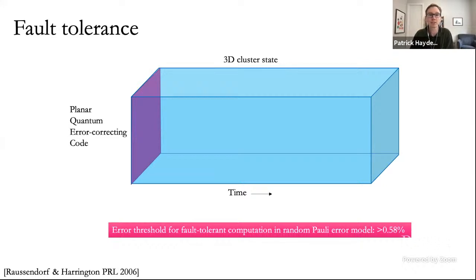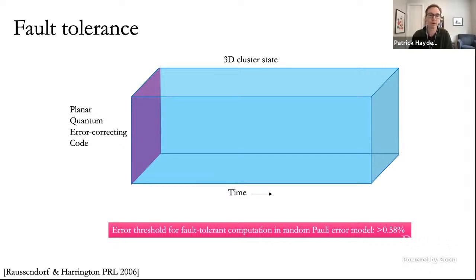So using, again, this more native description of how you would actually protect quantum information or make use of the toric code in the cluster state, Robert and Jim found that if you applied random Pauli noise, and so basically depolarizing noise, there was a surprisingly high threshold for this architecture that you could, at every time step, corrupt every qubit with probability 0.58%, and still be able to recover and perform universal quantum computation.